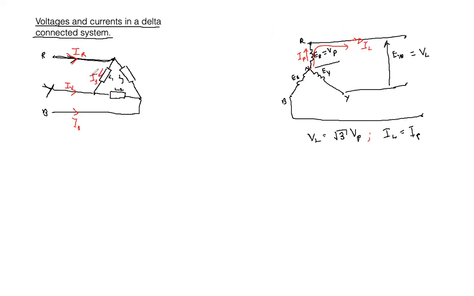Now I1 is basically an RMS current that is flowing in the load. Remember, it's connected to a generator. A generator has changing currents, but we are going to take this as an RMS current.